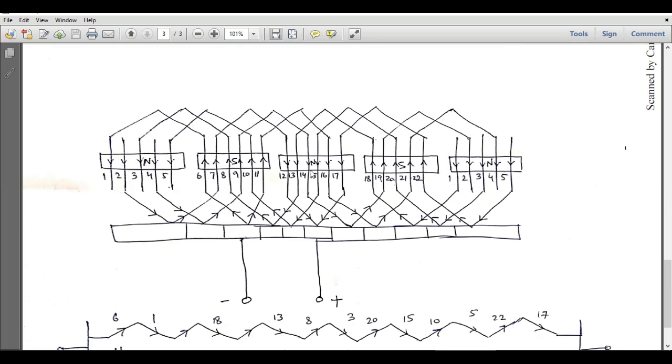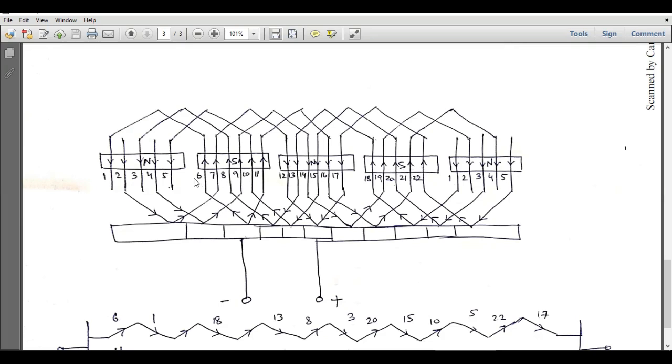Now we cannot use equal conductors for each pole, right? Because the total number of conductors is 22 and the number of poles is 4. So for the first north pole, we will assume 5 conductors. For the south pole, we will consider 6 slots or 6 conductors. For the next north pole, we will consider 6 conductors, and for the last south pole, we will consider 5 conductors.